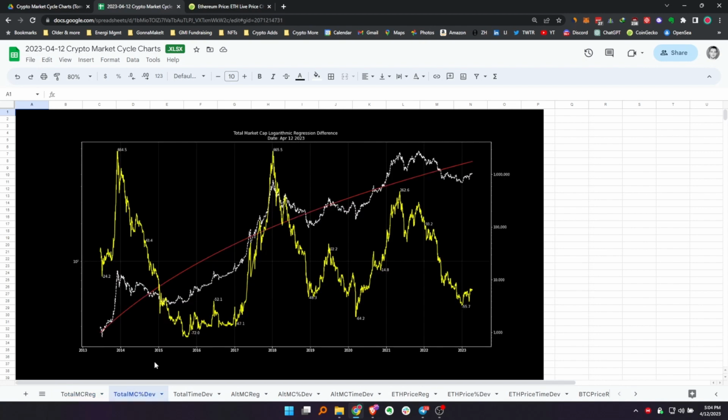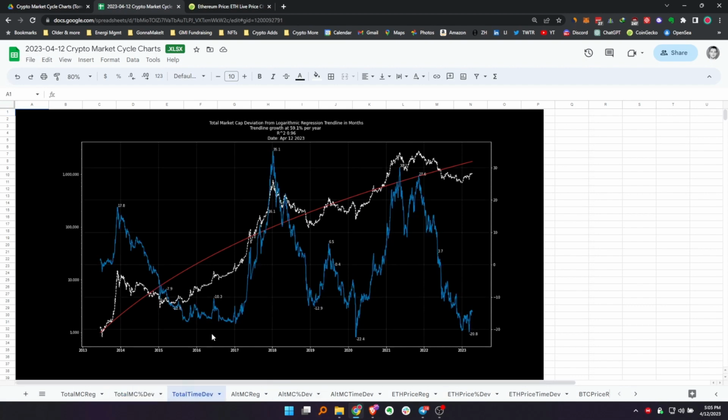The next chart I have here is the percent deviation, inspired by the Trolololo charts, who used to do this on Bitcoin Talk like 10 years ago. It's kind of an ode to him, and cool to see what percent undervalued or overvalued we are. This is my own creation, the time deviation.